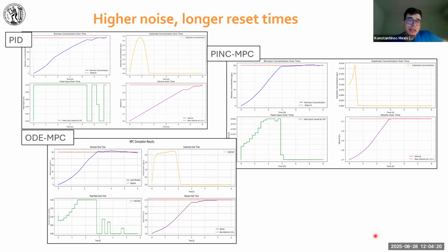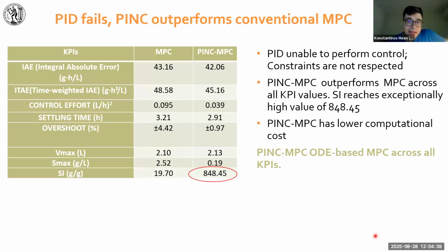Finally, with even higher noise and longer reset times, which could be a more realistic scenario, we see again that PID fails to hold the constraints. ODE-based MPC is better, but still struggles with constraint handling. And again, PINN MPC outperforms all other methods in all KPIs, especially in the selectivity index, which has an exceptionally high value of almost 815.